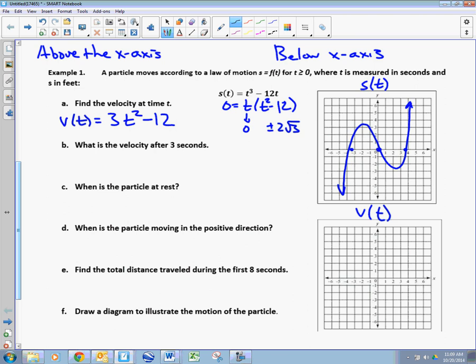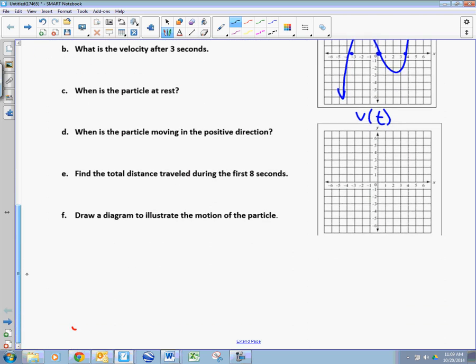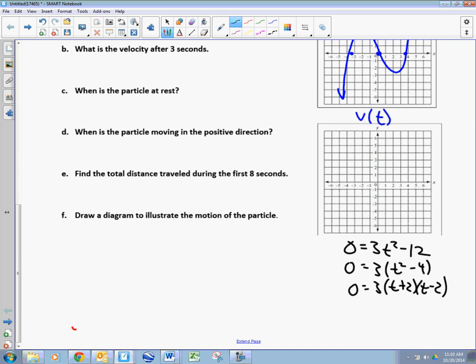Now, let's graph 3t squared minus 12. If I set it equal to 0, 0 equals 3 times t squared minus 4. So 0 is equal to 3 times t plus 2 times t minus 2. Everybody agree?